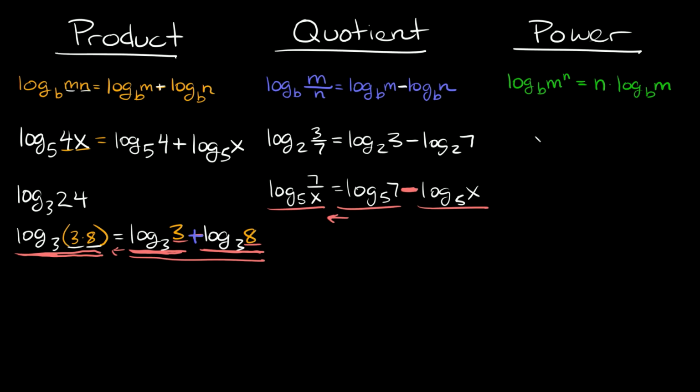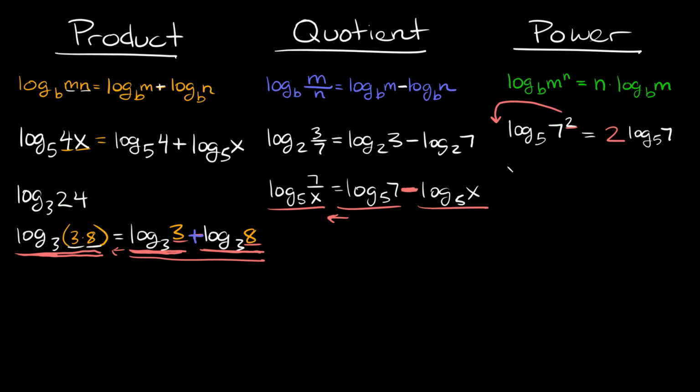So this is the formula, but I think it'll probably be easier to just show you with an example. So if we had something like log base 5 of 7 squared, okay, this exponent that we have right here, we can actually just toss it over here in front of the log. So we can say that this is equal to 2 times log base 5 of 7.